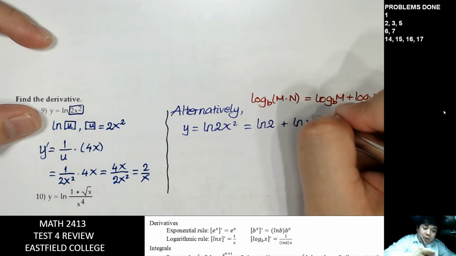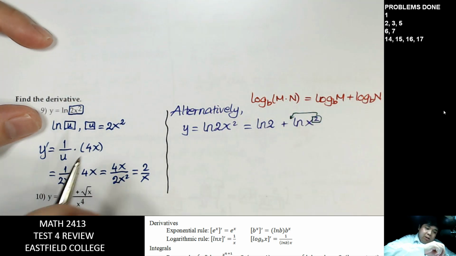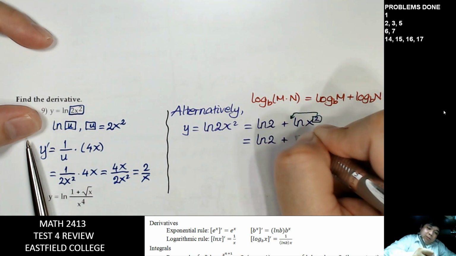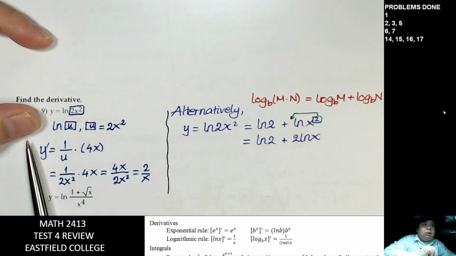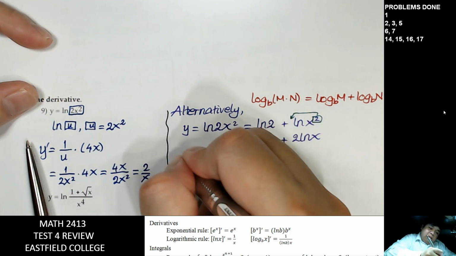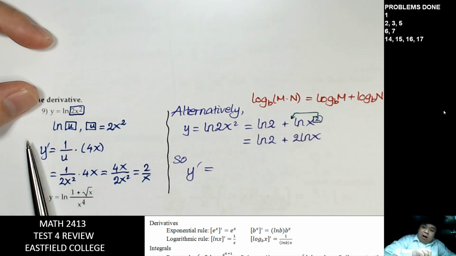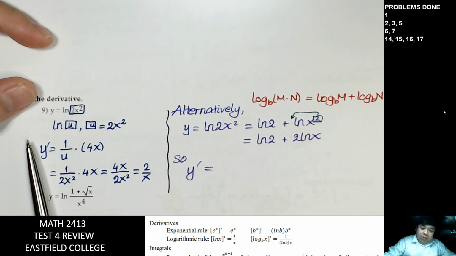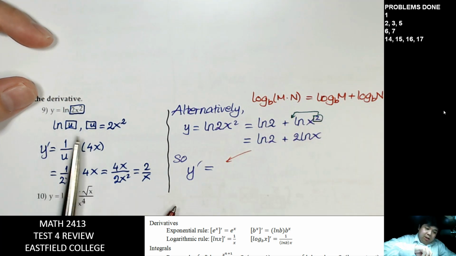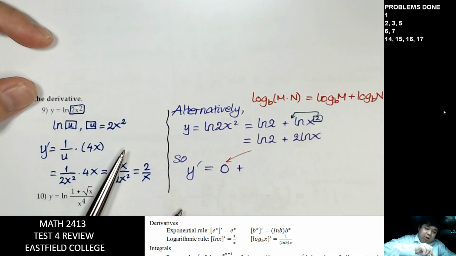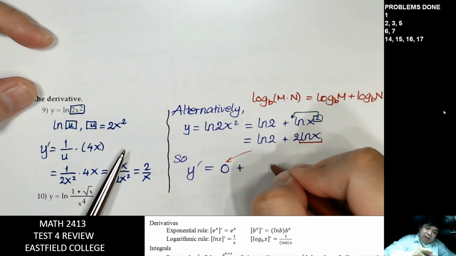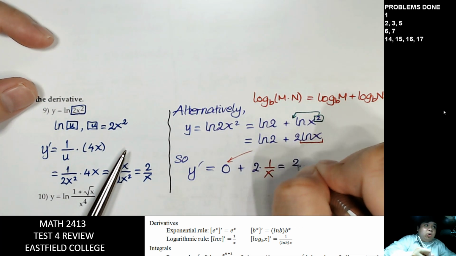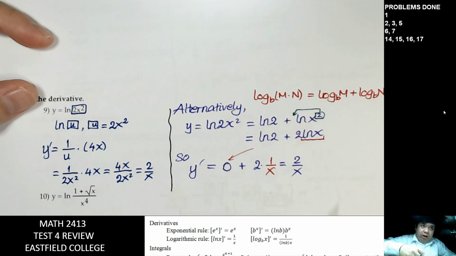And we can take the square outside. So that is the function. So the derivative: ln of 2 is a constant. Derivative of a constant is 0. That is a constant, so 0. Derivative of ln of x is 1 over x, and we still have 2 in front of it. So that's just 2 over x. Either way, we get the same thing.